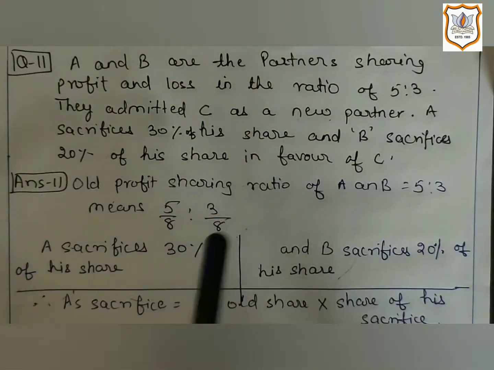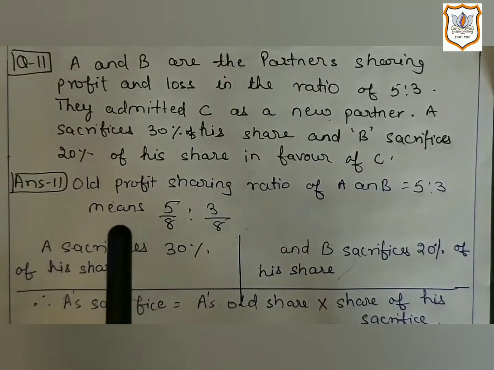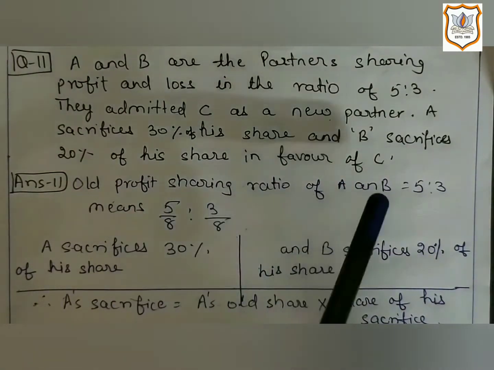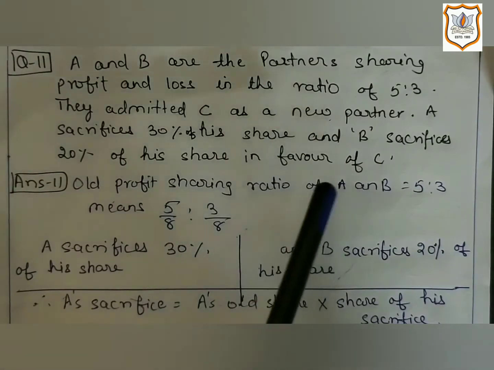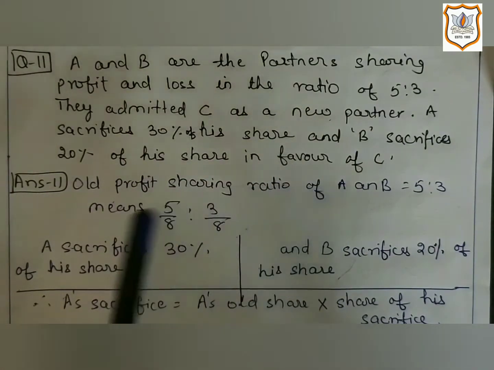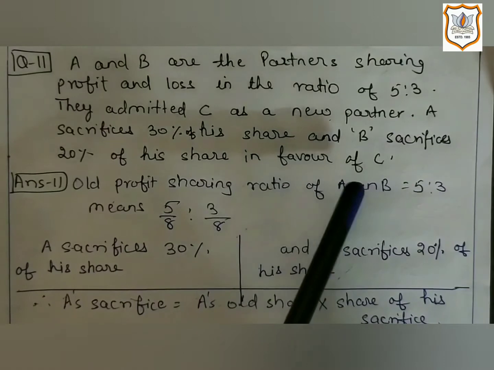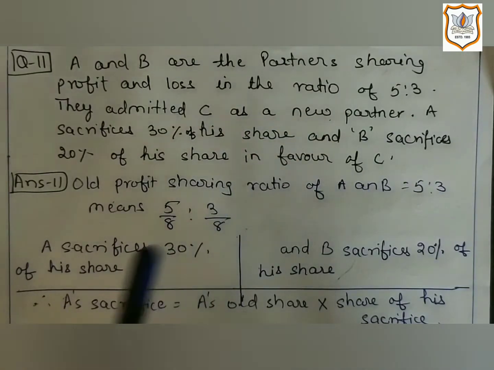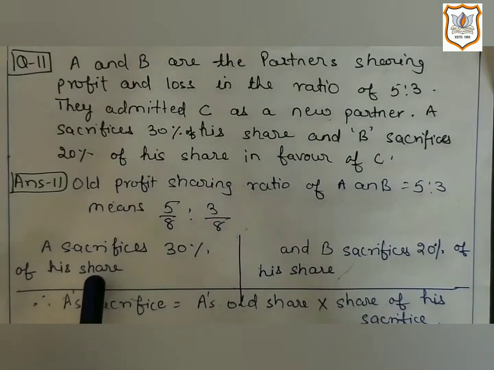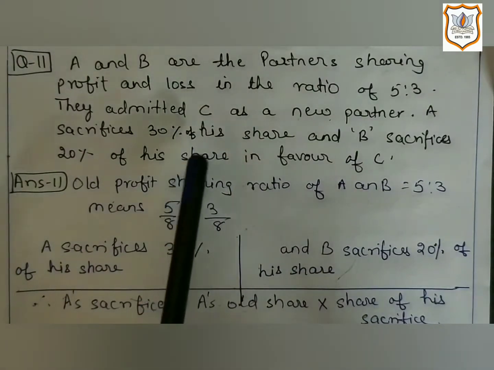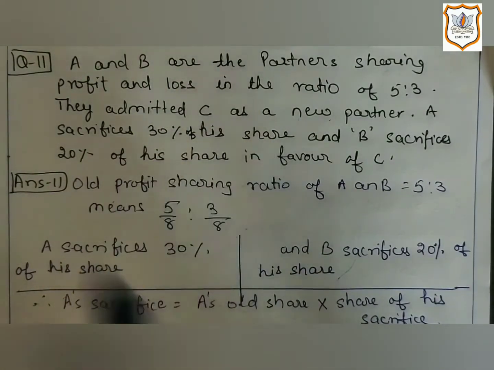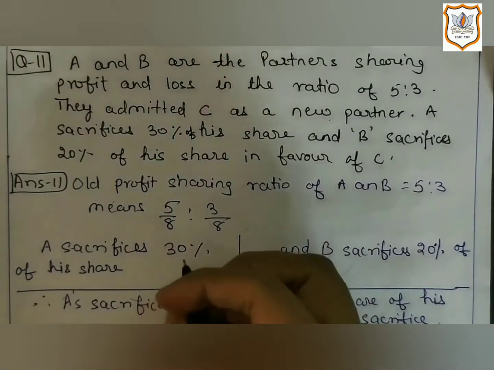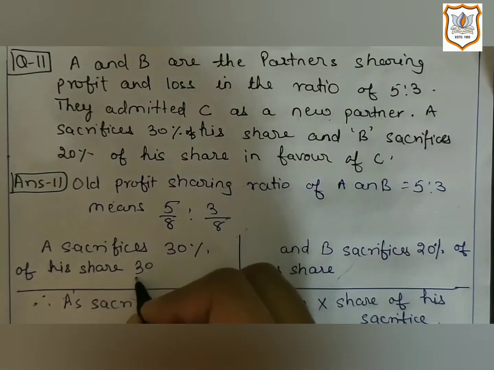Here we are given information about old share of old partners, that is 5:3. That means we can write it as A's old share is 5/8 and B's old share is 3/8. And it is also given that A sacrifices 30% of his share. That means we can also write it as 30 upon 100.